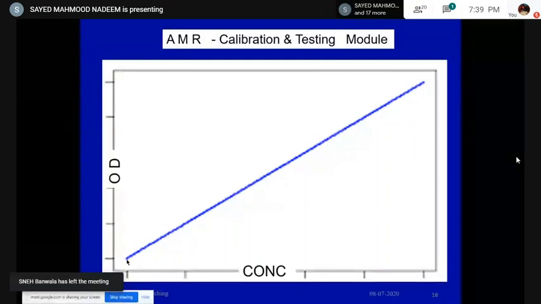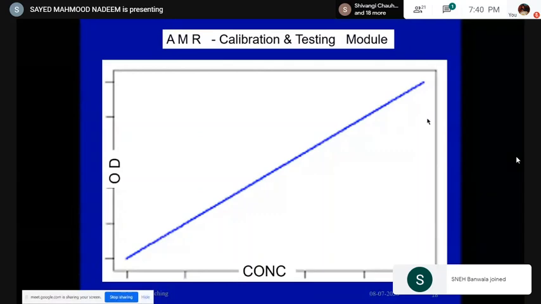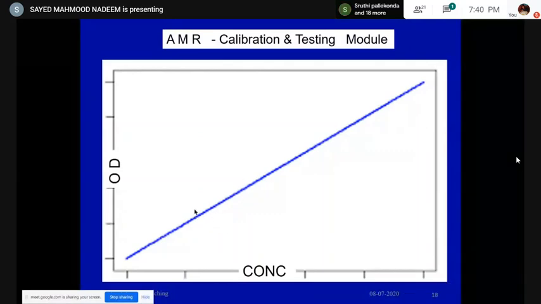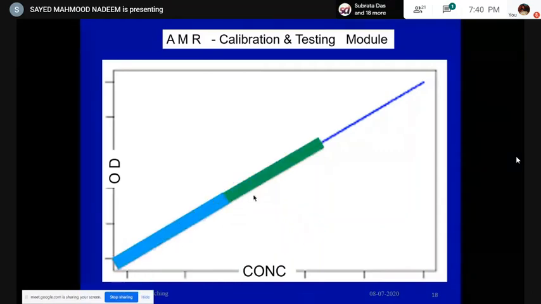This analytical curve is absolutely in relation to the calibration curve which we make. So we need to understand that this curve has three components: the lower one third, the middle one third, and the upper one third.